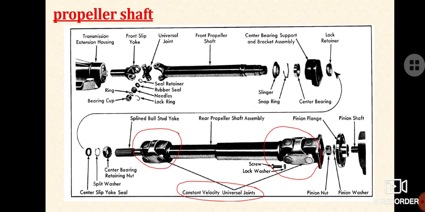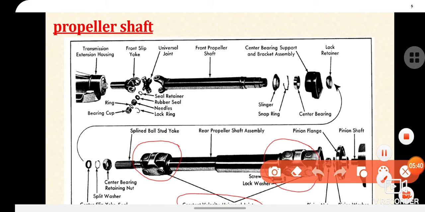So as here it is mentioned in this picture clearly how various parts are connected in such manner. This is the portion that is transmission extension housing. This is the front slip yoke. Then here portion of universal joint.